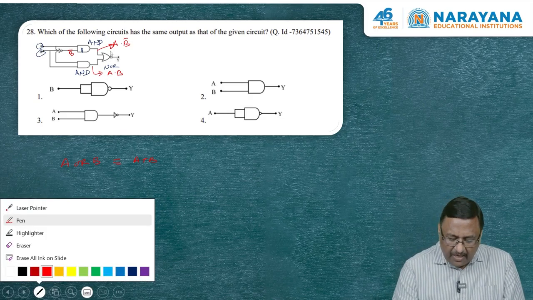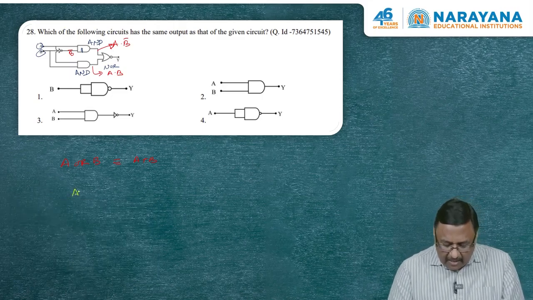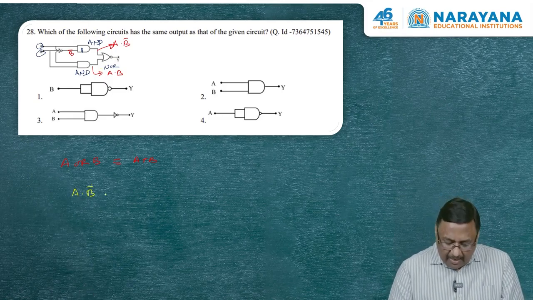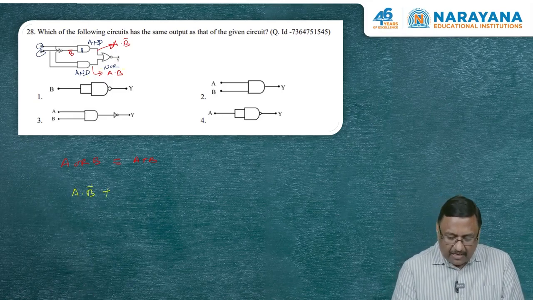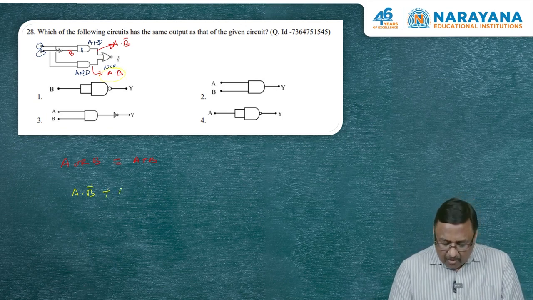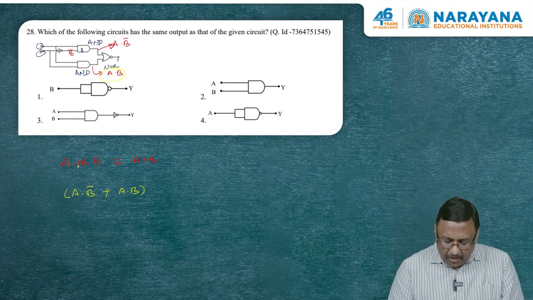If I consider these two inputs, the first input I'm getting is A dot B bar. Then I am writing plus, and the second output we are getting here is A dot B. That is going to be added together, so it is going to become OR. But the output is going to be the NOR of this.